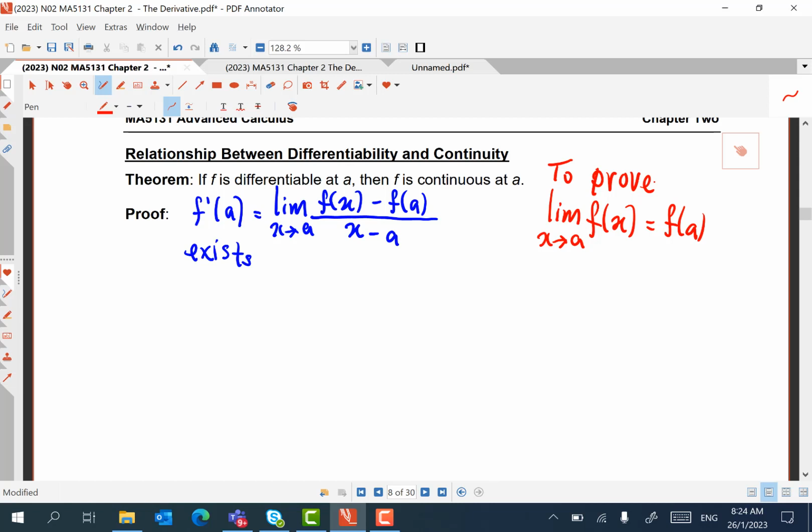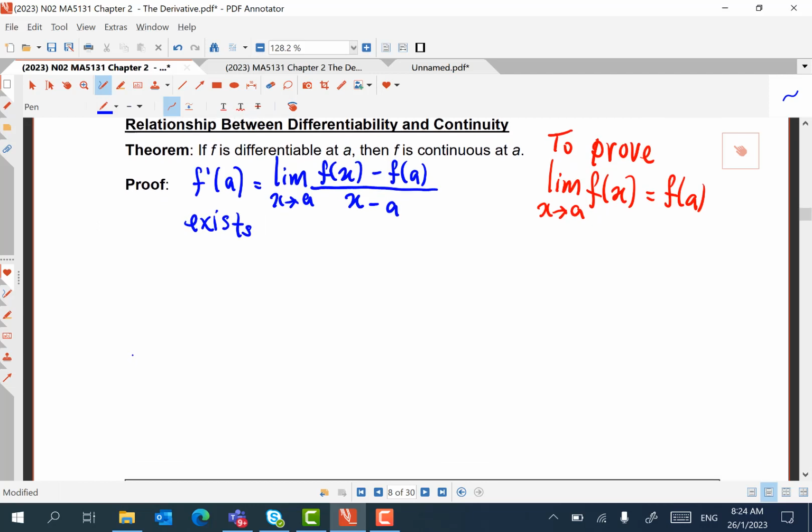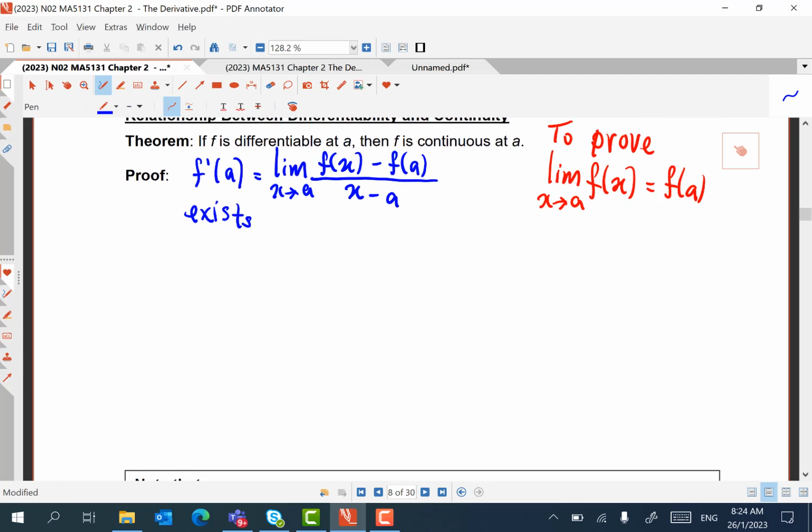Okay, let us start off this way. Are you ready? We want to start off with this line. To do this proof, you are going to do it in 2 steps.